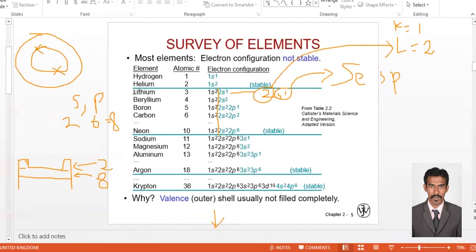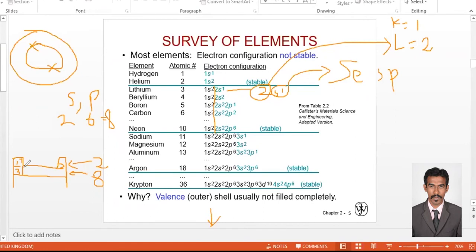If we finish dealing with lithium, then we will go for beryllium. For beryllium, there are totally 4 electrons, because this is 1, 2, then we have beryllium, that is 4. While writing beryllium, we will have these 2 at the start, 1s2, that will automatically come. Now this is the second orbit, so we write that 2.